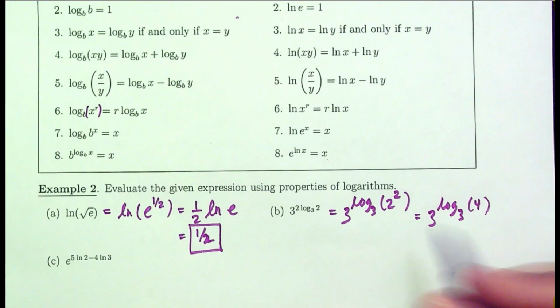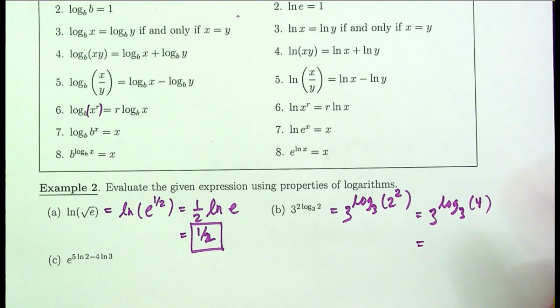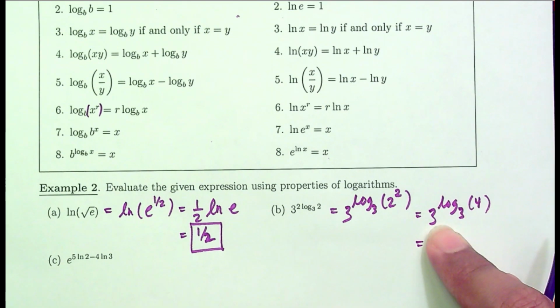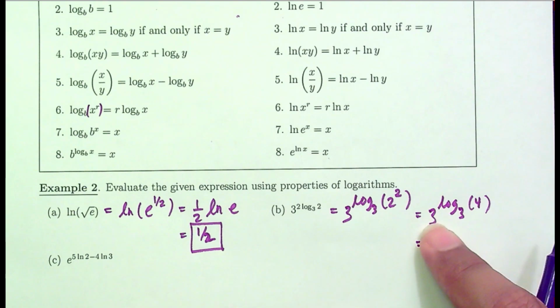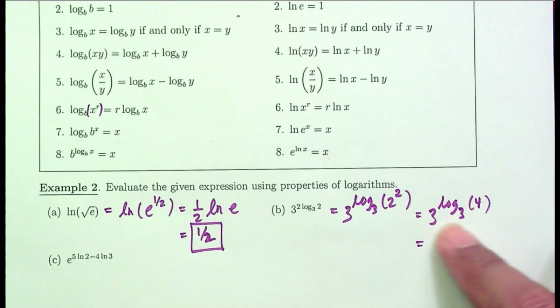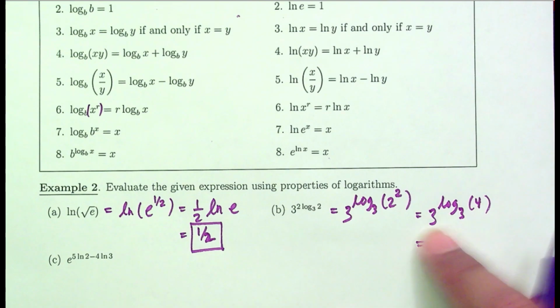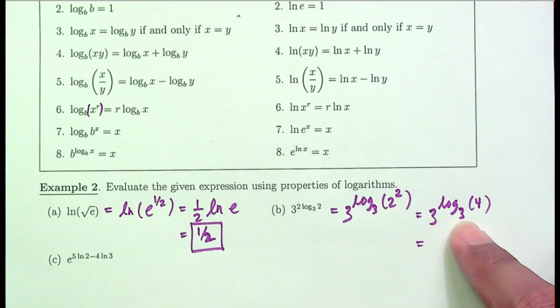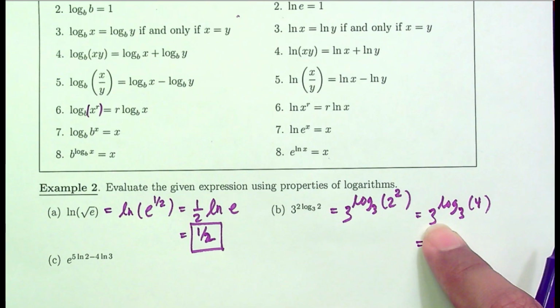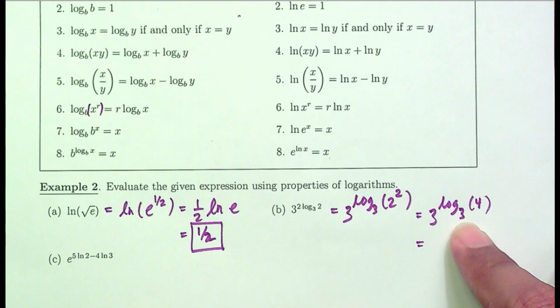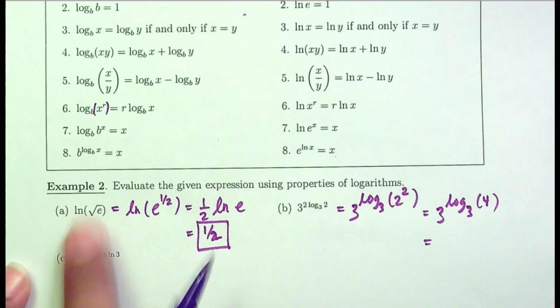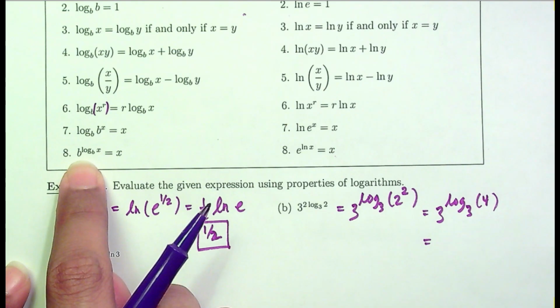And lastly, whenever you have an exponential where the base is the same as the base of the logarithm in the exponent, the two bases here are the same. The base of this exponential function is the same as the base of this logarithm. These two cancel each other off, so that is this property right here, number 8, with b equals 3.